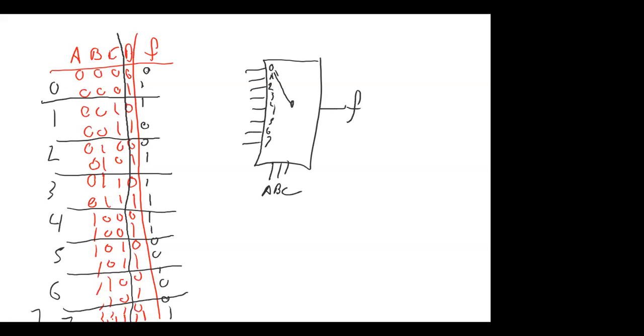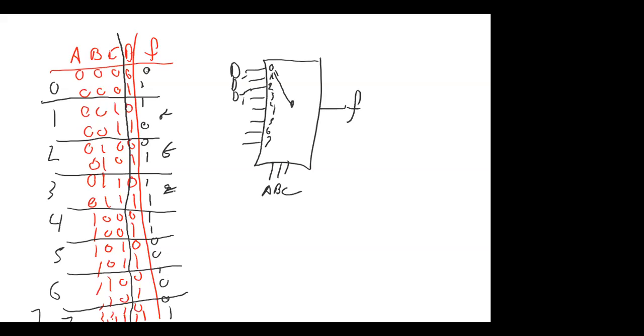So what shall we use for the input? D. D, there you go. And what about for input pointing to 1? D prime. You're doing it. What about here? D. That's D again. And what about over here?